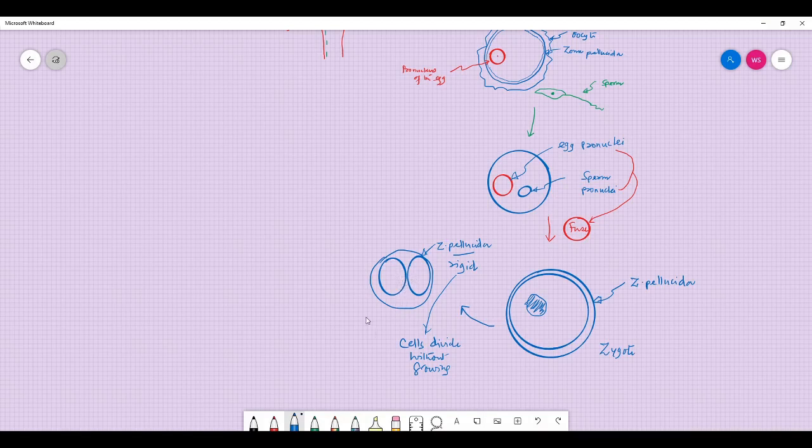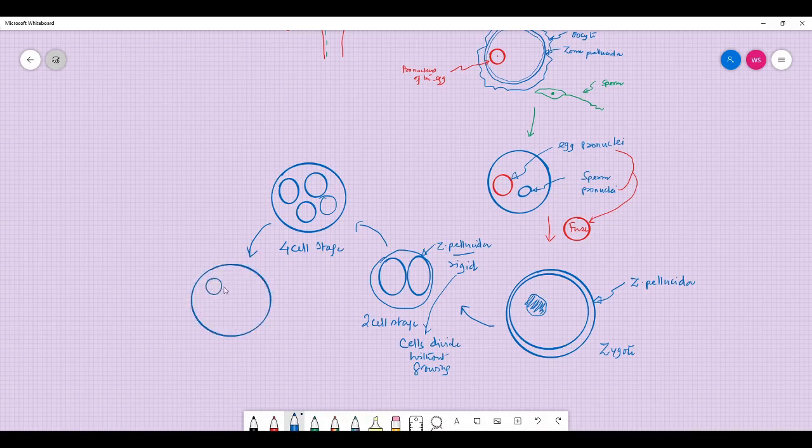So this is the two cell stage. From the two cell stage, it becomes a four cell stage.